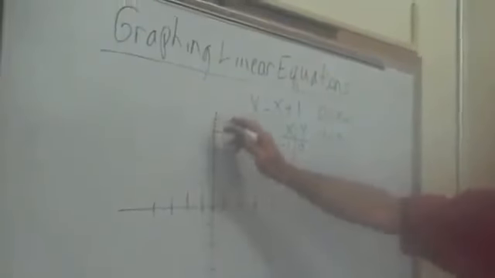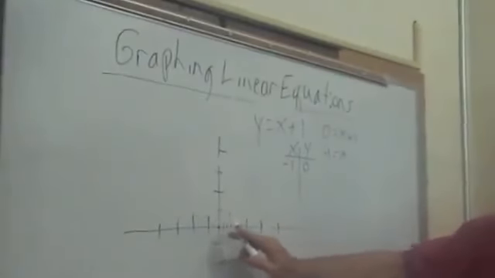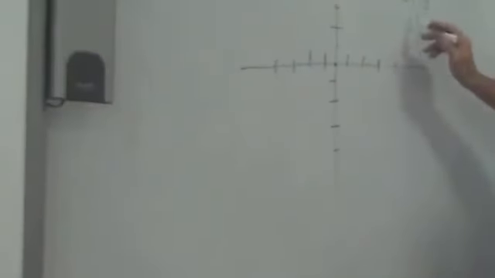So 0 equals x plus 1, take away the 1, x equals -1. The y-intercept is where it falls on this line, and in that case the x is also going to be 0. It's going to be neither to the right nor left, it's right on the 0. So if I want the y-intercept, I put in 0 for x, solve it, and y equals 1. Hopefully that makes sense at home.